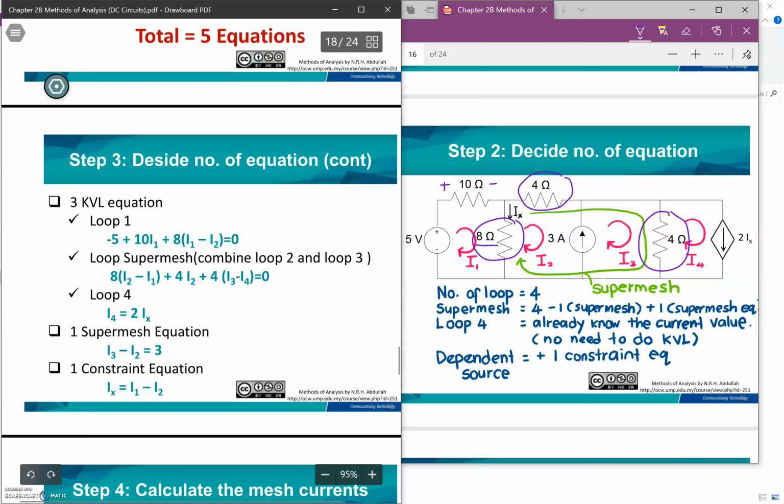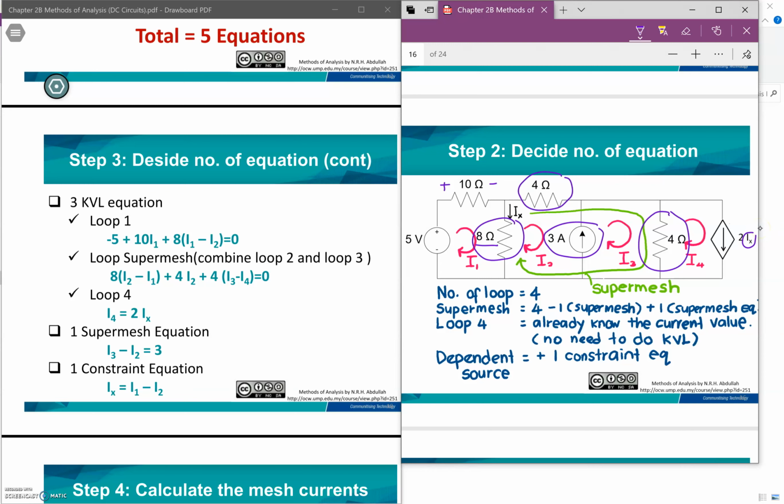For the next equation, because there is a supermesh in the circuit, there will be an additional equation, which is the supermesh equation, in order to show what the 3A is. So the 3A is shared current in between I2 and I3, and the direction is the same as I3. So it means that I3 minus I2 equals 3. And because there is a dependent source, which is a current source, what is Ix?